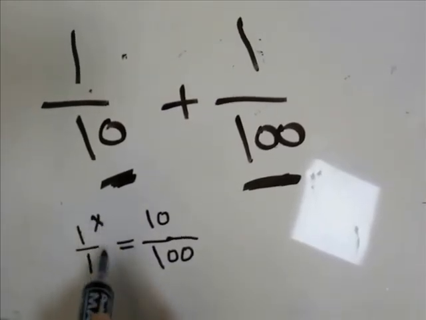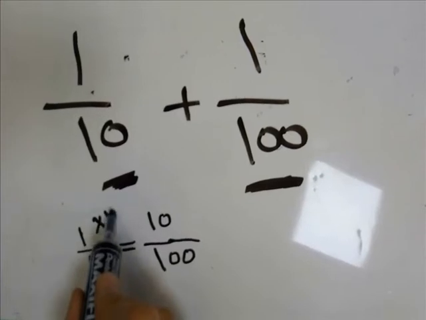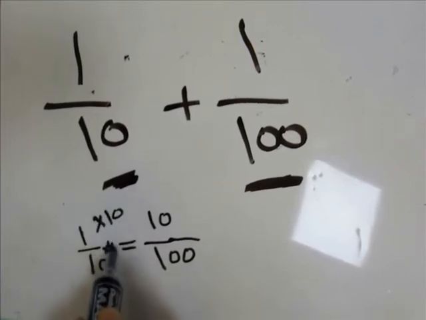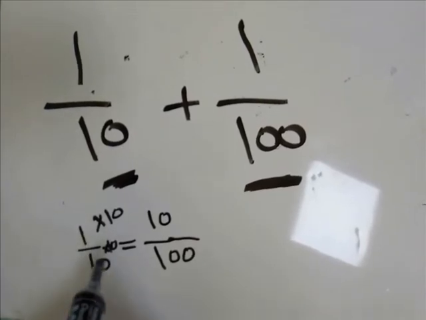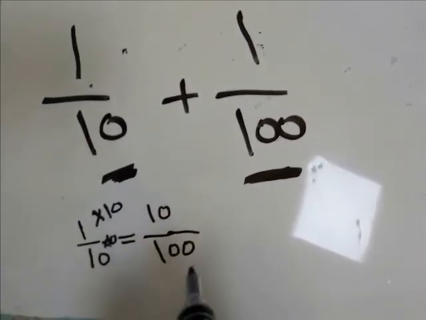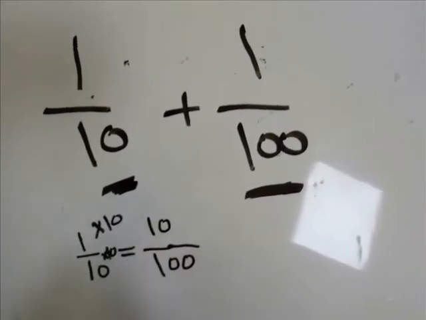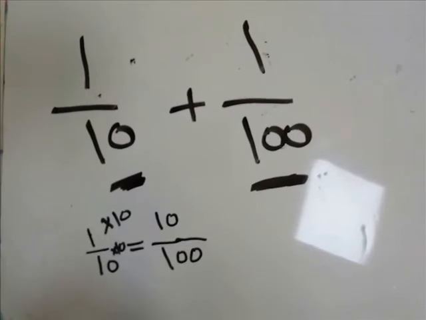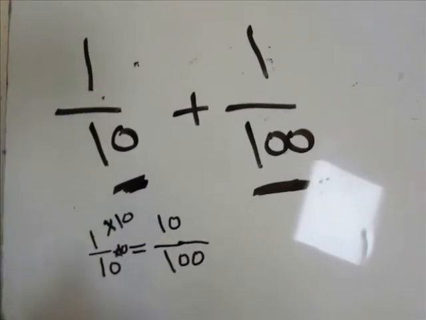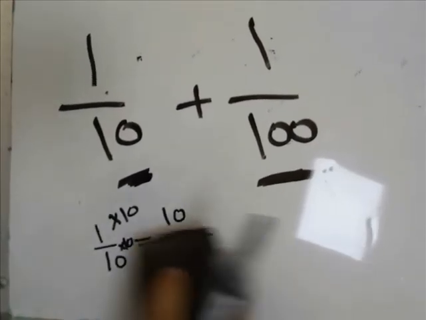By multiplying up by 10 and multiplying down by 10 too. If you multiply the 1 by 10 and the 10 by 10, it will be 10 over 100. That we called before equivalent fractions.